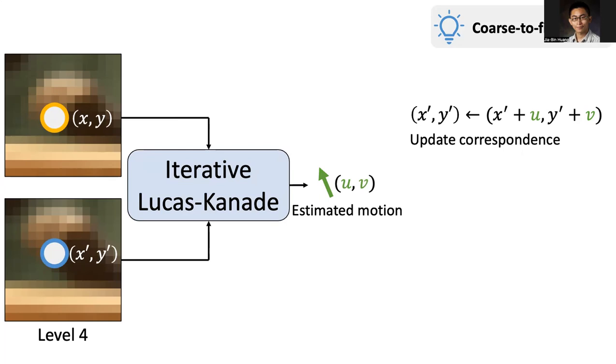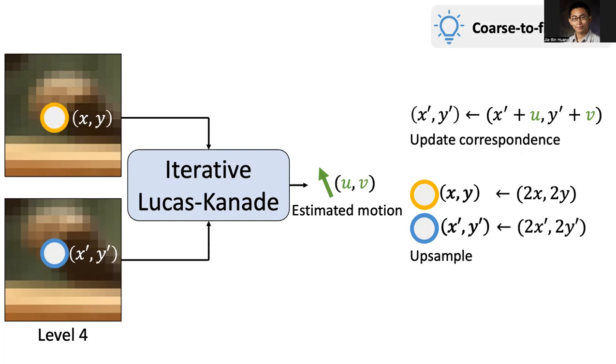And now you upsample the solution. Because this is a very tiny image, if you make the image 2 times larger, you just update your solution to be 2 times larger. That's very simple. Now you have a better initialization for the next stage.